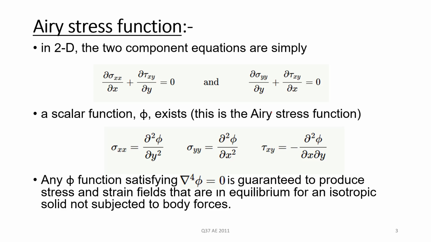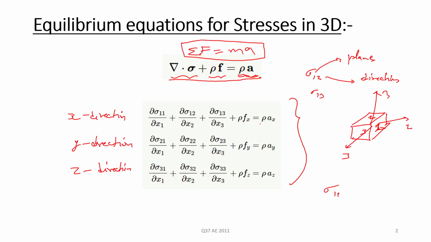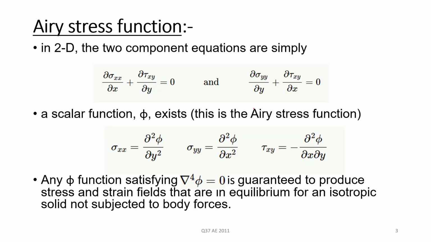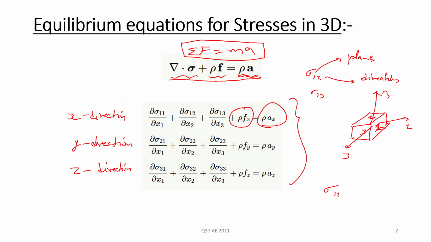If there is no acceleration in the body and no body force, then in 2D the equation can be written as dou sigma xx upon dou x plus dou tau xy upon dou y equal to 0, because in 2D the third equation will not be there. These terms will be 0.